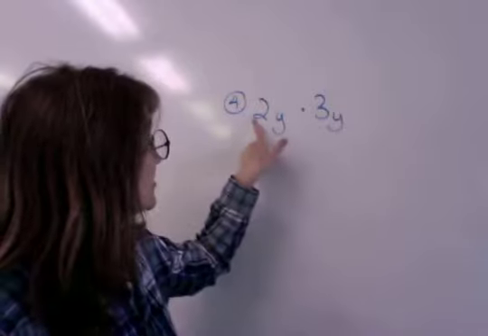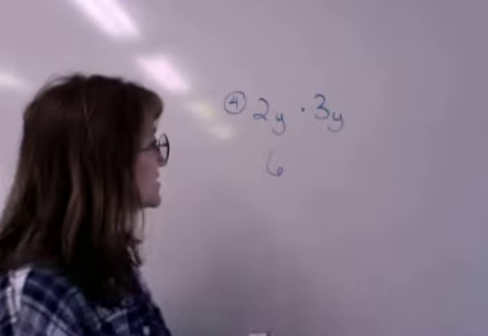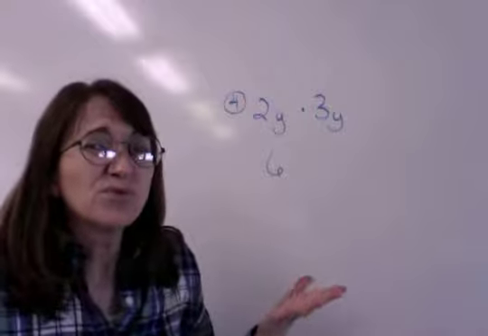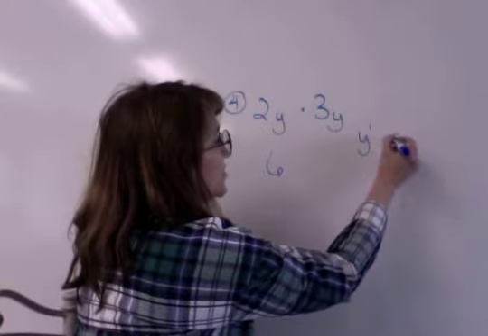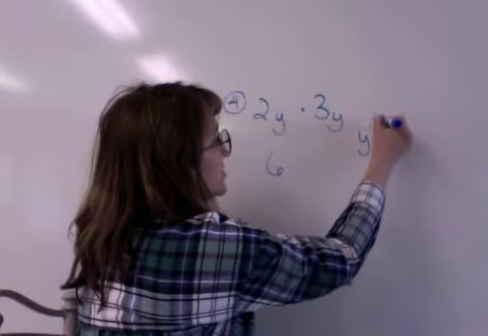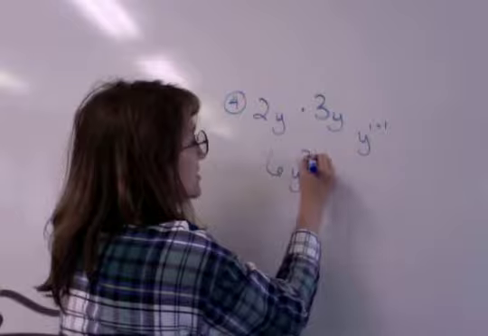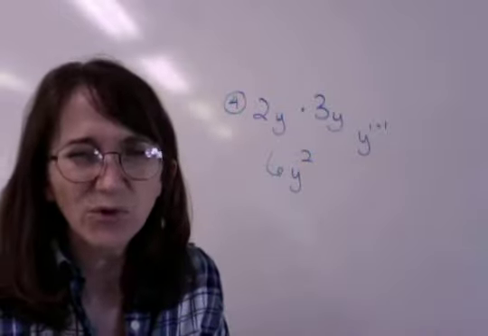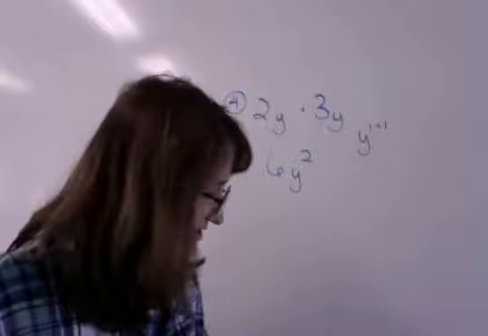I'm going to multiply the 2 to the 3, and that's going to become 6. What happens to the y's? It would look like this. You would have a y with a little bitty 1, and then you would have a y with another little bitty 1, which means that would become y to the 2 power, or to be more professional, you say squared. So you have 6y squared for that one.